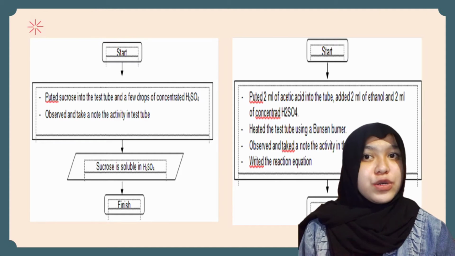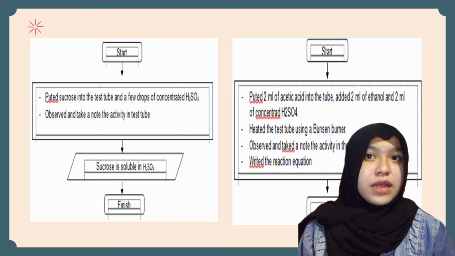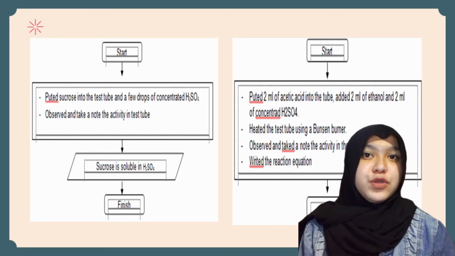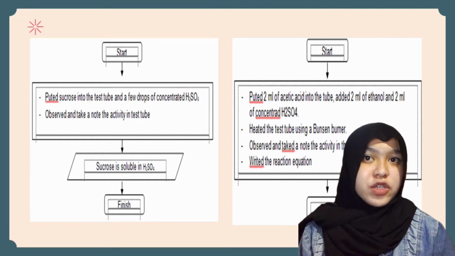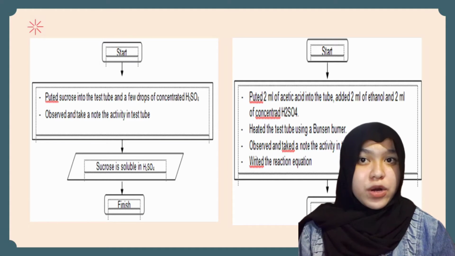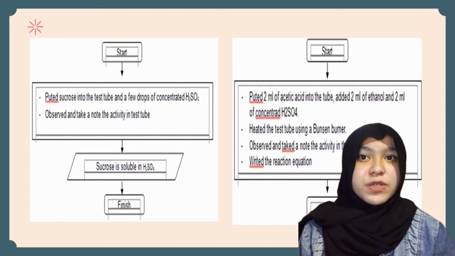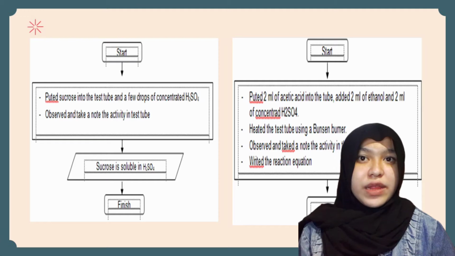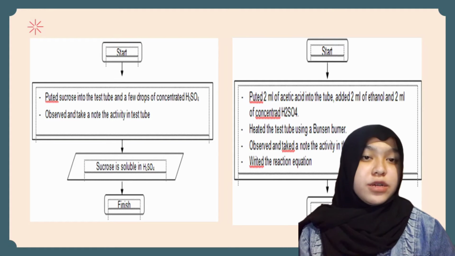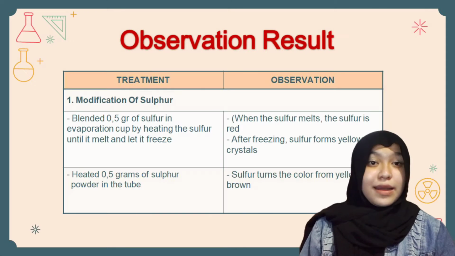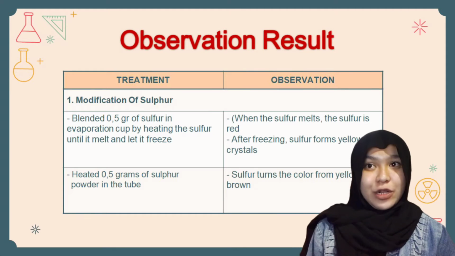Method 2: put 2 ml of acid into the test tube, add 2 ml of ethanol and 2 ml of concentrated H2SO4, and heat the test tube using a Bunsen burner. Next, observe and take note of the activity in the test tube and write the reaction equation. Unfinished.